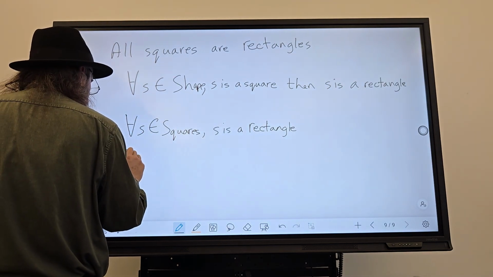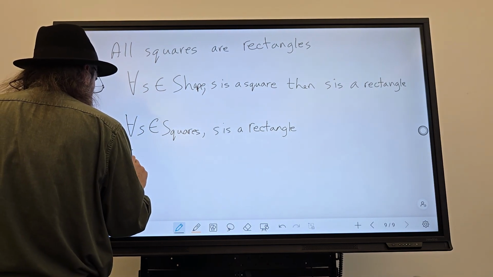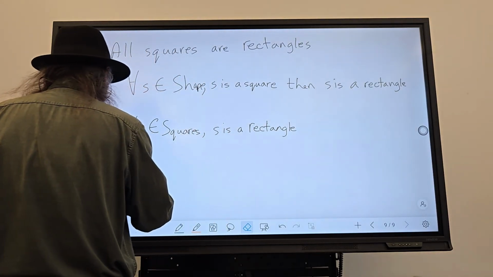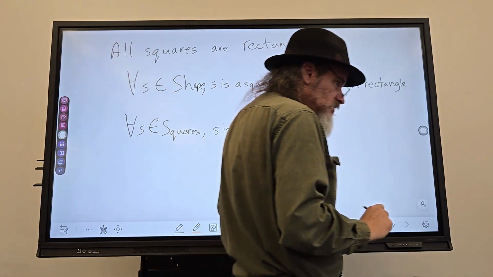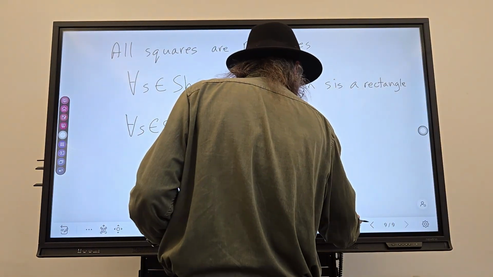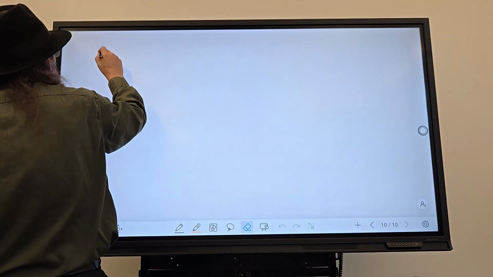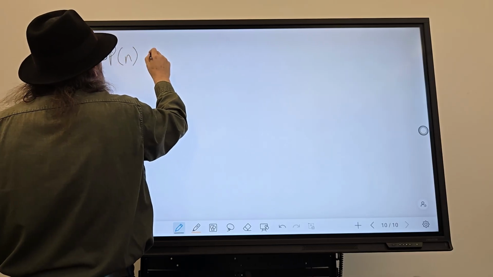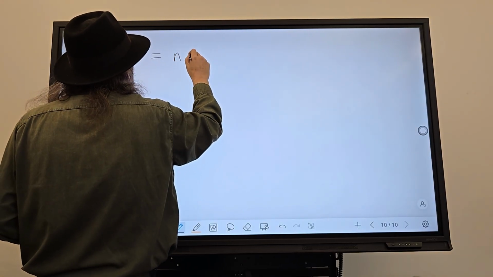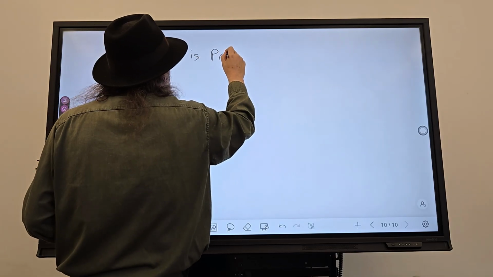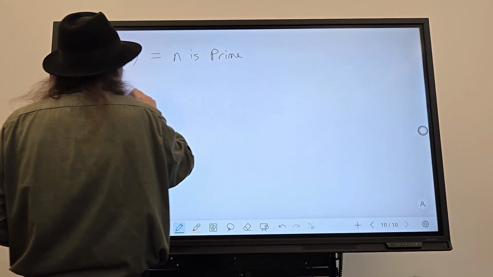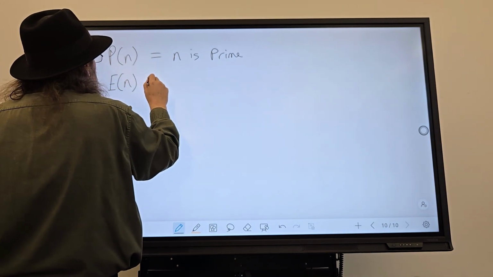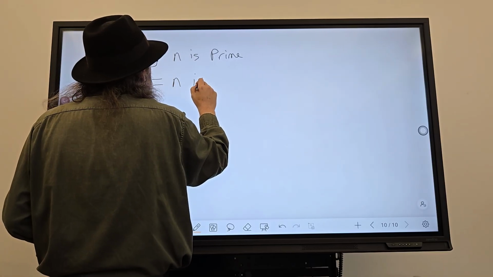There exists an n such that P of n, n is prime, and E of n, n is even.